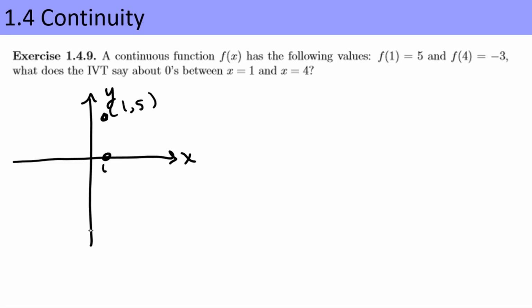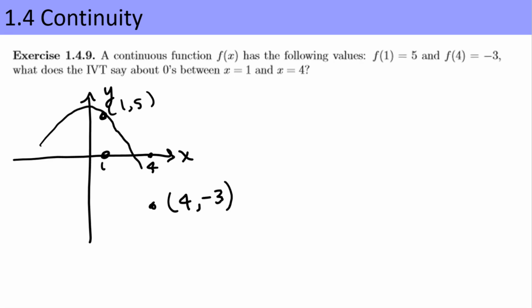And at x equals 4, the function value is -3, so we have a point in the fourth quadrant. If it is continuous, that means to get from the ordered pair (1, 5) to (4, -3), you cannot have a break.